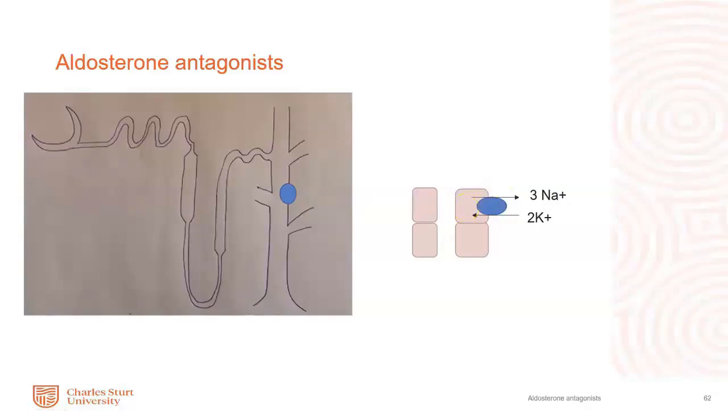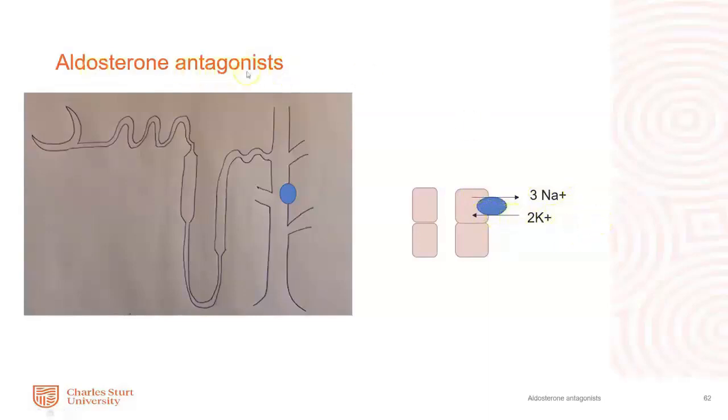And that a series of reactions occur, and that's going to trigger the synthesis of a sodium-potassium ATPase. Okay, and a sodium-potassium ATPase will move 3 sodiums from the filtrate into the blood, and at the same time secrete 2 potassiums into the filtrate.